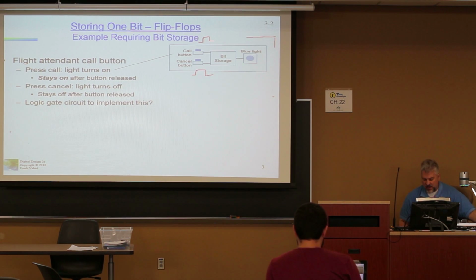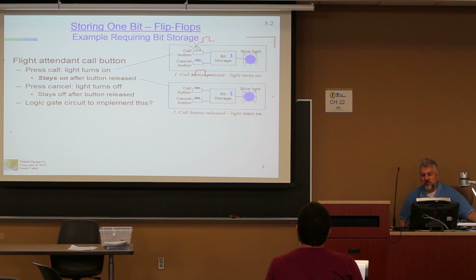And at that point, it'll work. So let's take a look at a timing of this. Oh, there we go. You push the button, and the bit storage goes in, and the blue light goes on. And it stays on when you release the button. And it will stay on until you press that button and basically transmit a 0 and turn it off.